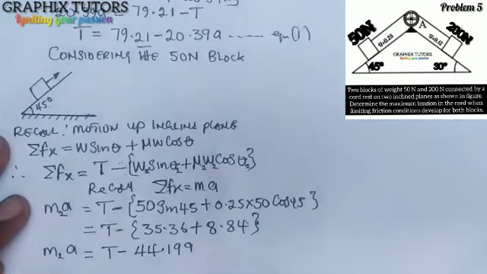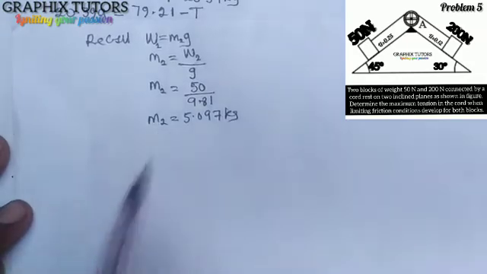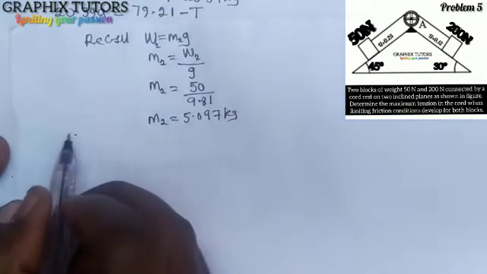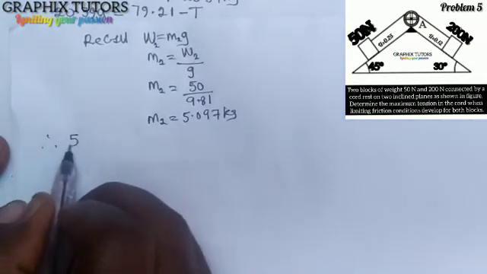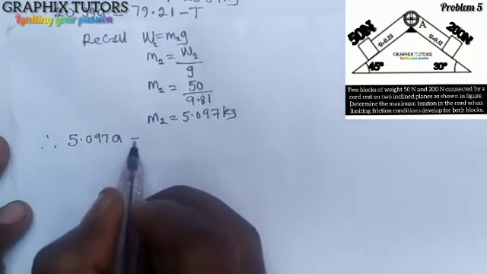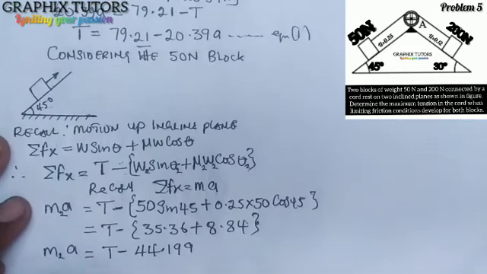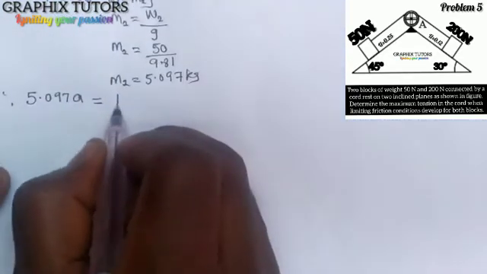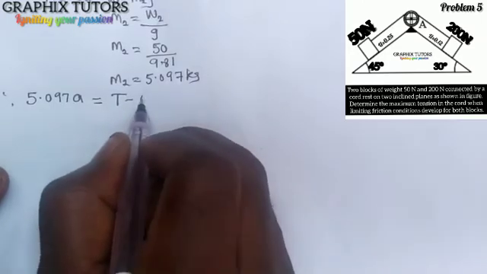So we input it into the equation above. Which equation? This equation here. Anywhere I see M2, I put 5.097. So therefore 5.097A equals T minus 44.199.